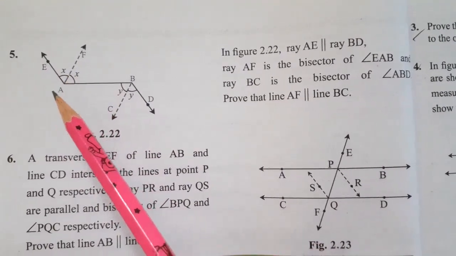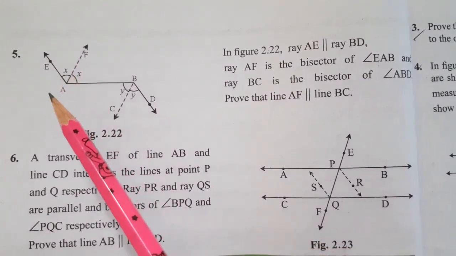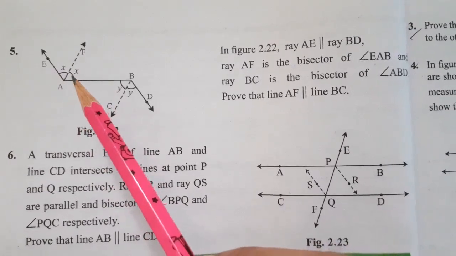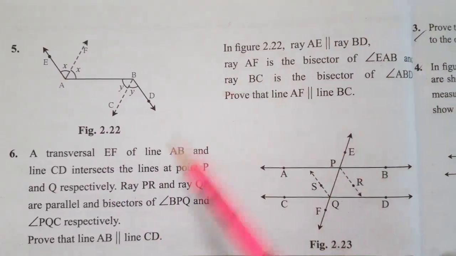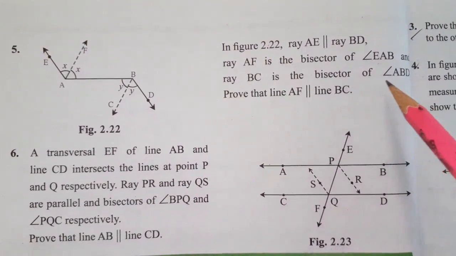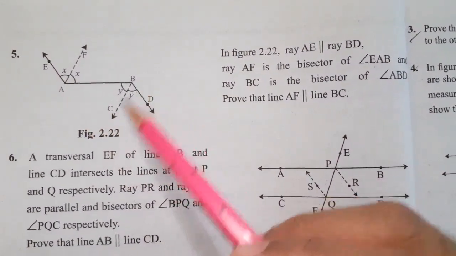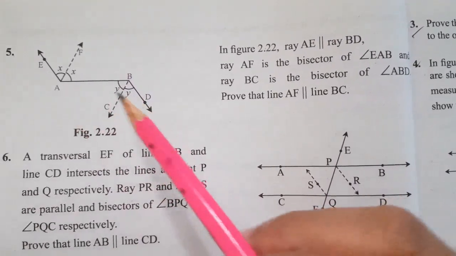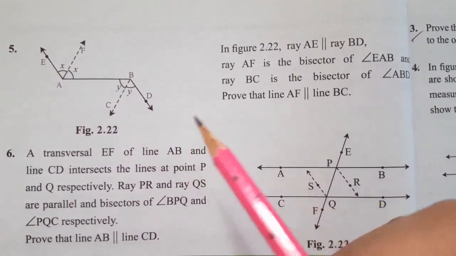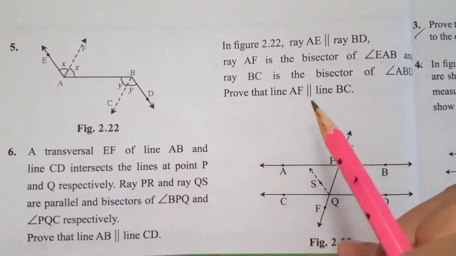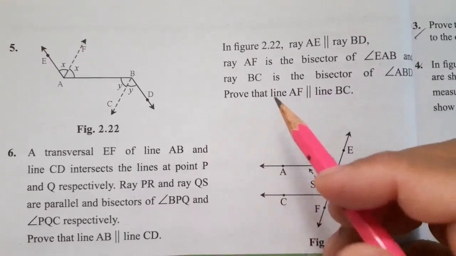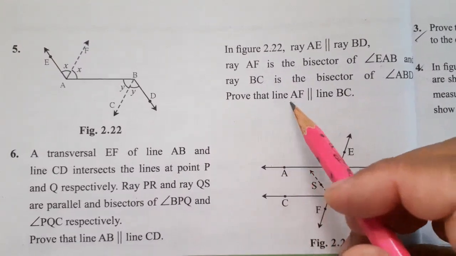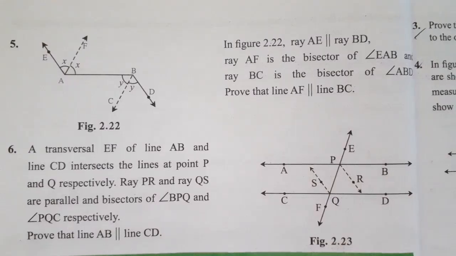Bisector means this ray AF is dividing angle EAB into two equal parts, and ray BC is the bisector of angle ABD. That means ray BC is dividing angle ABD into two equal parts. Here we have to prove that line AF is parallel to line BC. Instead of line AF or line BC, we can take ray AF and ray BC.